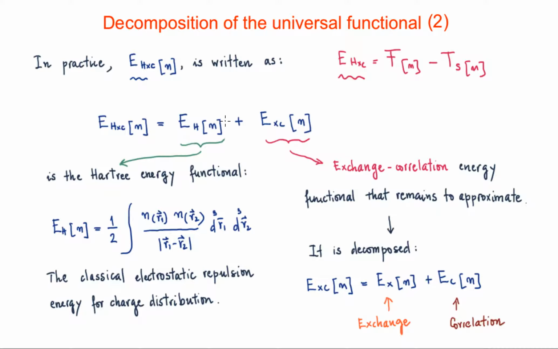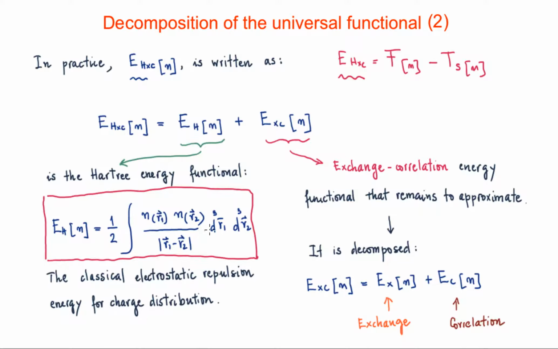So let's first go with the Hartree energy functional. The Hartree energy functional is defined in this way. Actually, this is not the first time that this Hartree energy functional appears. When we considered the Hartree approximation for the uniform electron gas, we had another term which was the same as this one. It has a classical understanding: it's basically the classical electrostatic repulsion energy for this charge distribution.